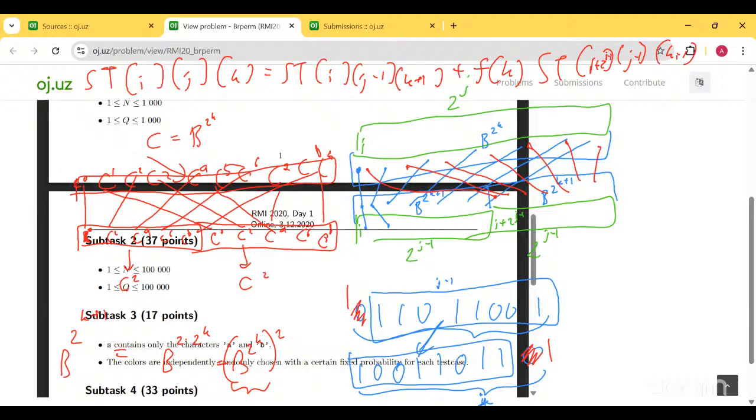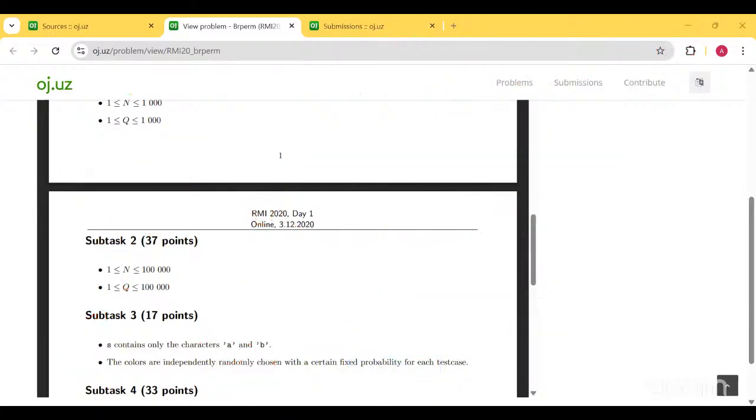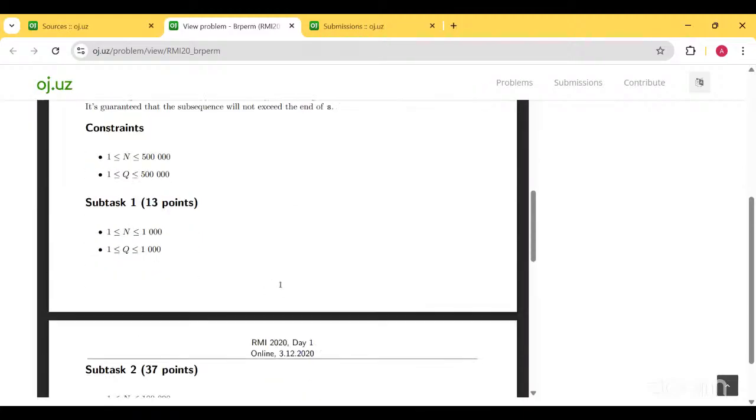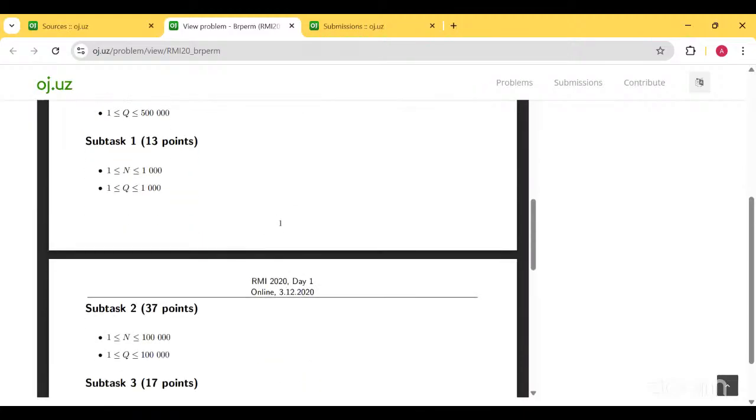Maybe if the test cases are weak, it can pass for the full solution. If you solve n square and it passes the second subtask, hopefully if you solve this, it can pass the last subtask. Maybe.